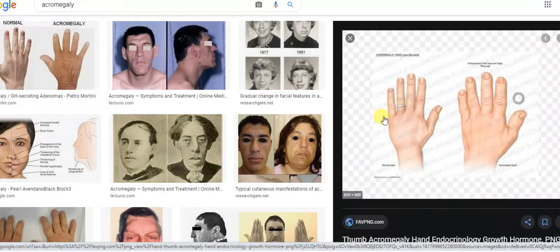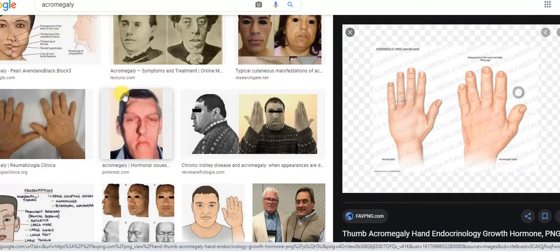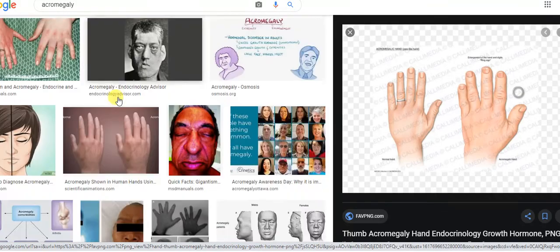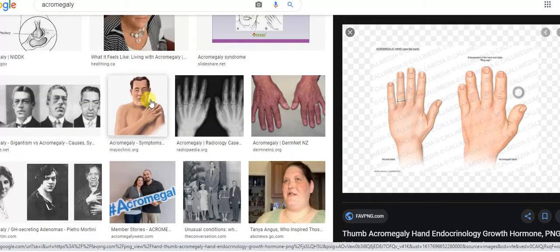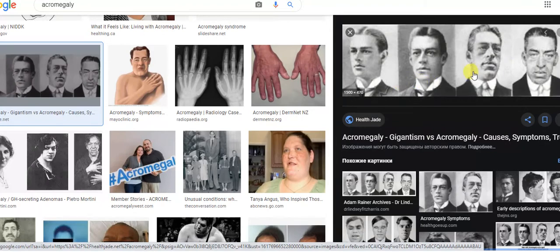So that's this comparison of fingers. And you see acromegaly happens after adulthood. So these are examples. So actually we have mixed types of acromegaly and gigantism.